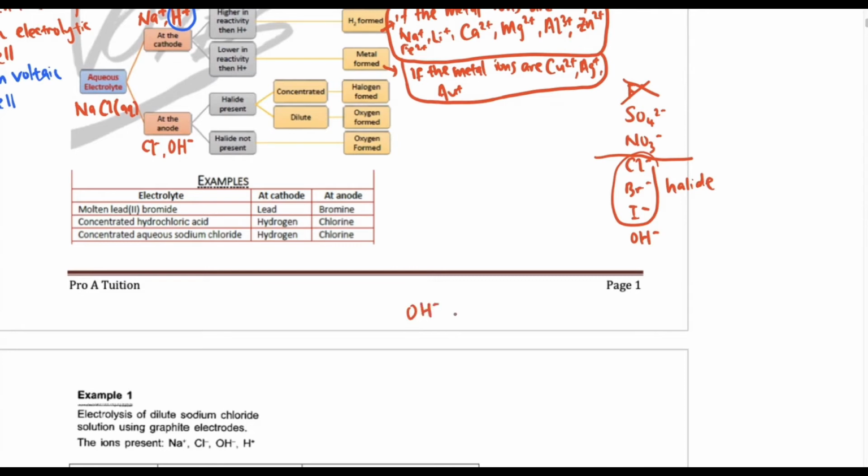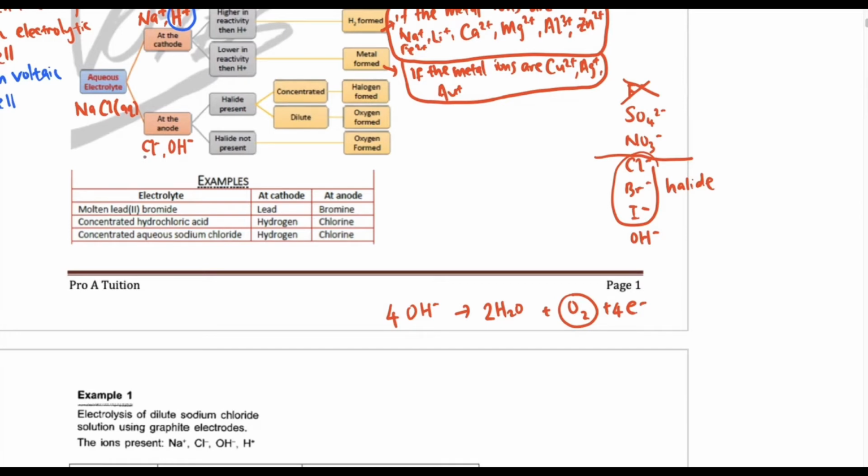Hydroxide forms H2O plus O2 plus electron. Okay, so balance the equation. Hydroxide will form water. You can't see water easily because it's aqueous, right? And oxygen is formed. Okay, so that's the thing.